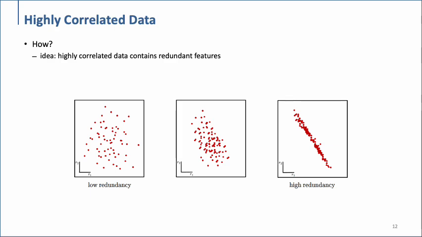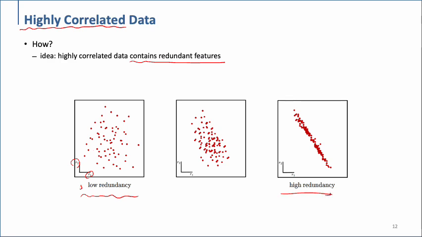And by keeping this in mind, let's go back to the correlation between two random variables. Data that are highly correlated may contain some redundant features like this. Let's say when you plot some correlation data between R1 and R2, for these two data, they are not highly correlated, so it has some low redundancy.